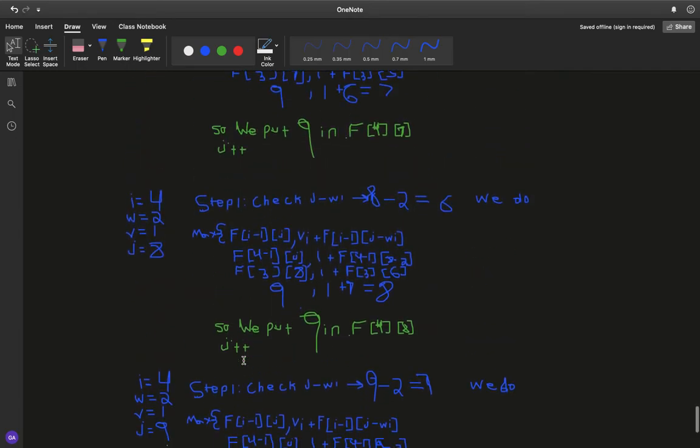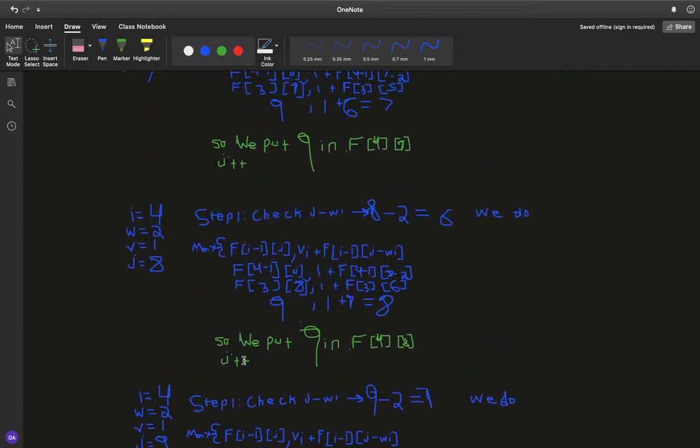Now we increment j. j is now 8. We check j minus the weight. 8 minus 2 is 6. 6 is greater than 0, so we take the max value out of these two equations. The only thing changing from before, as I mentioned, is j.